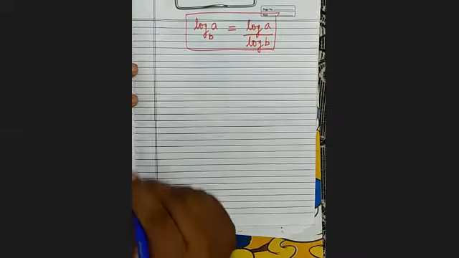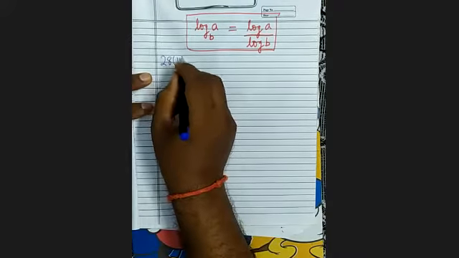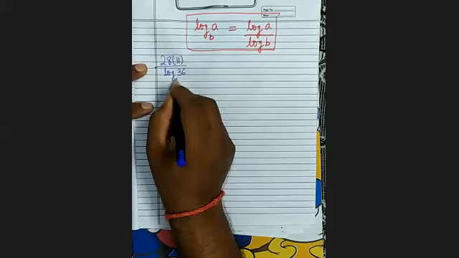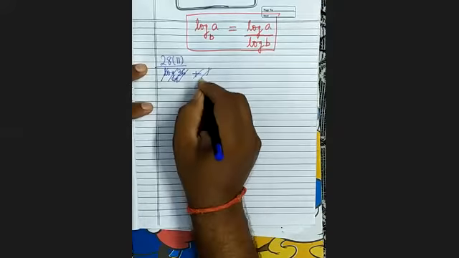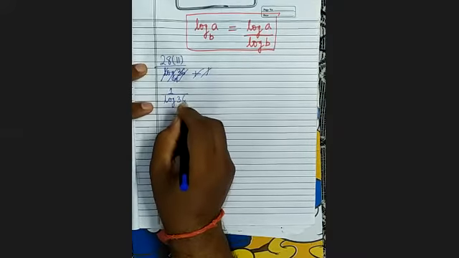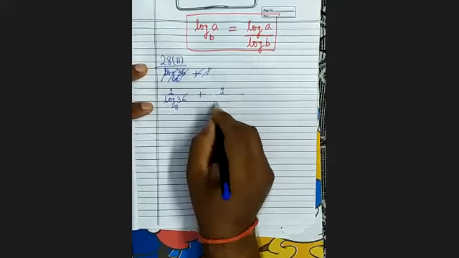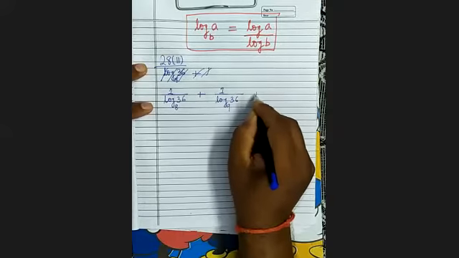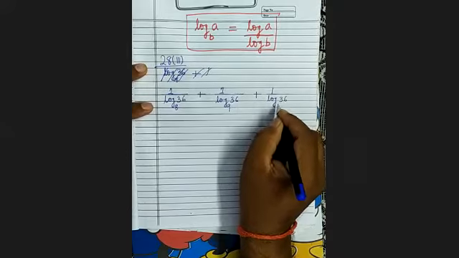Now you can see here, question number 28, second part. It is 1 upon log 36 to the base 8 plus 1 upon log 36 to the base 9 plus 1 upon log 36 to the base 18.